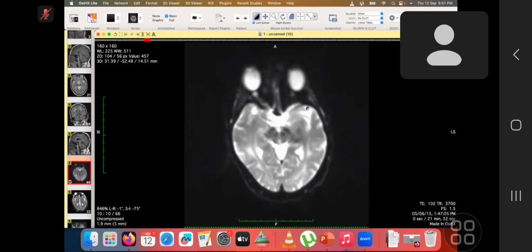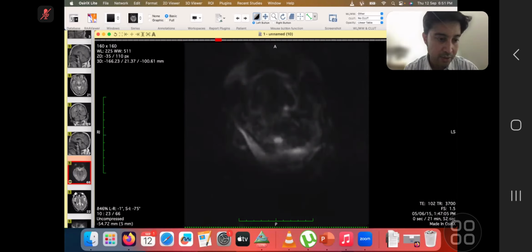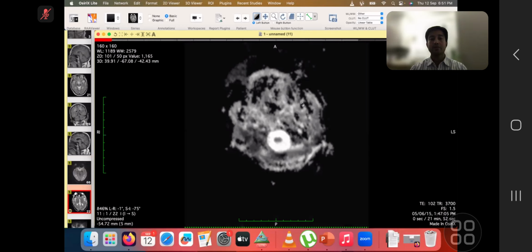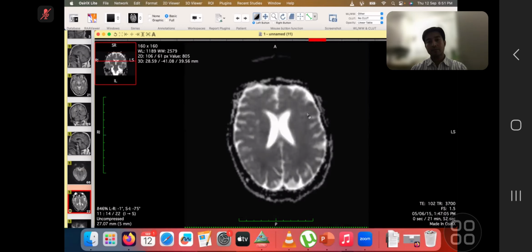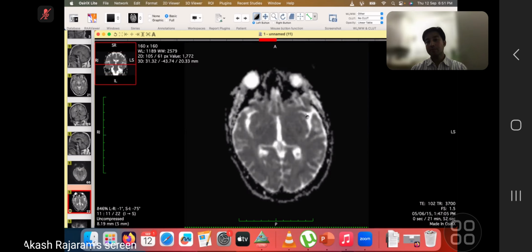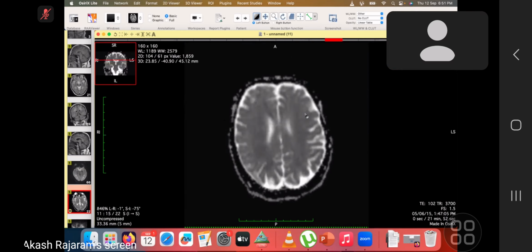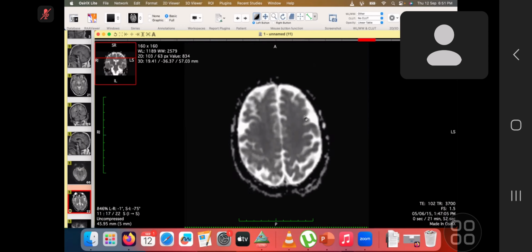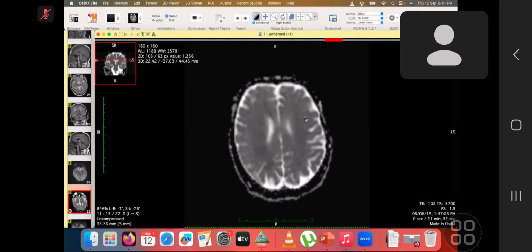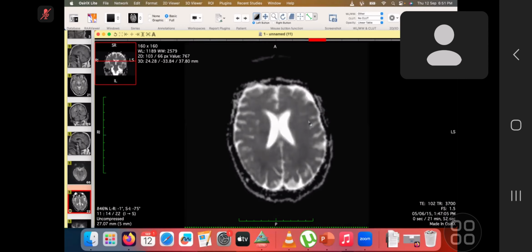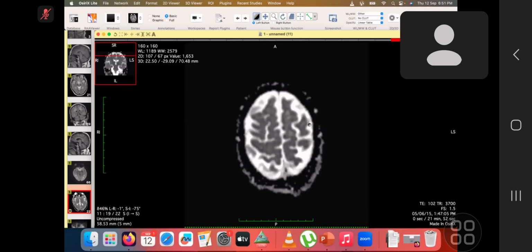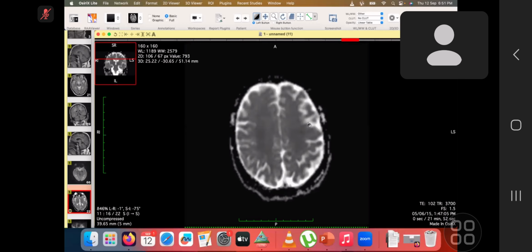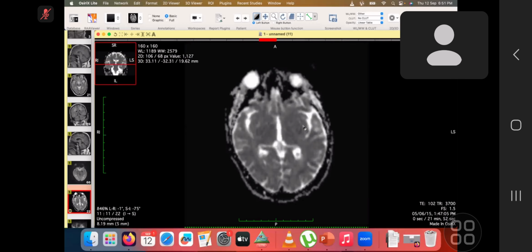I'll show you the ADC also. So I can't see any definite low signal on the ADC to suggest restricted diffusion. So I don't think these lesions are restricting diffusion.